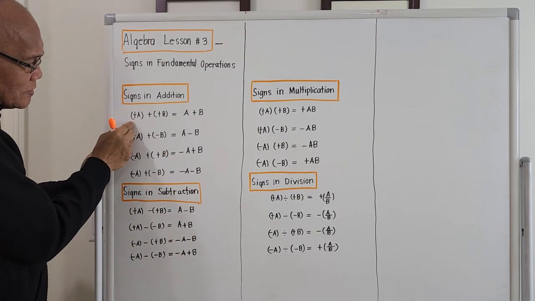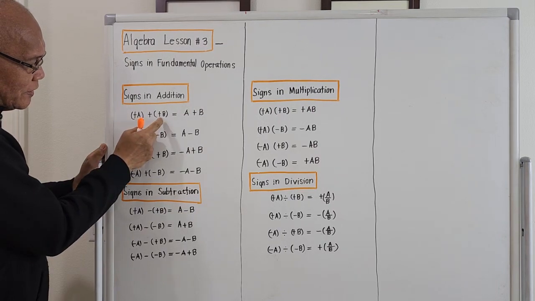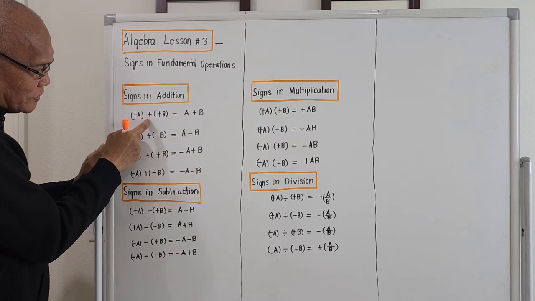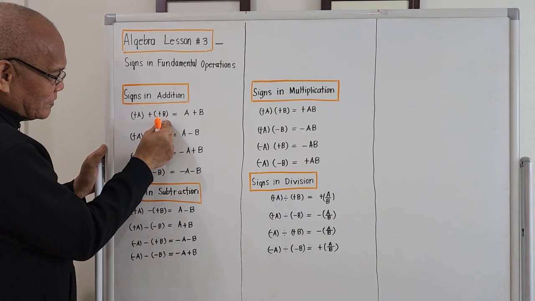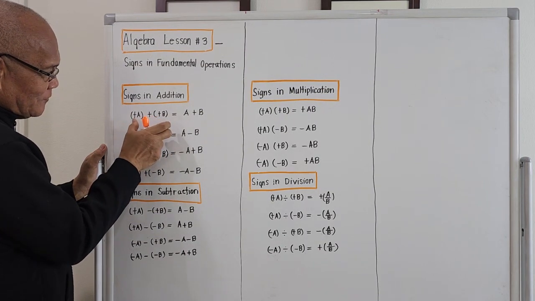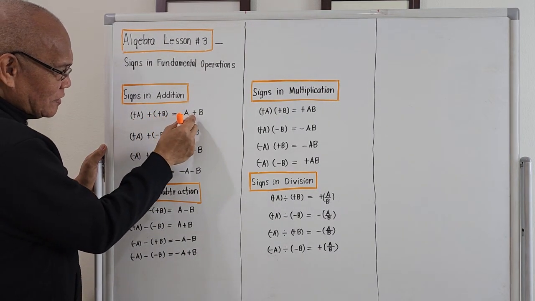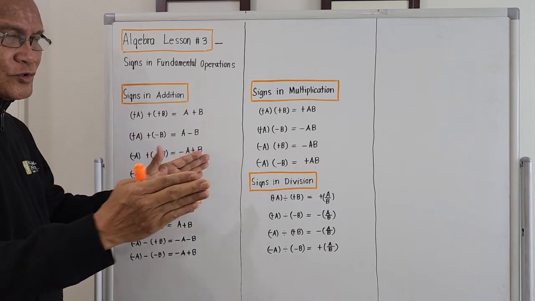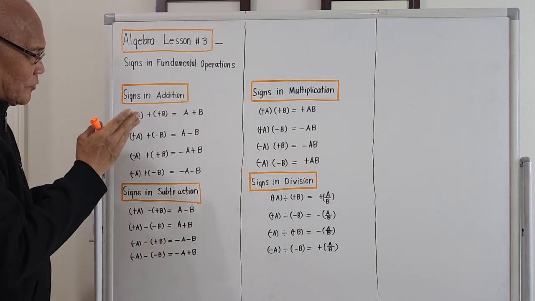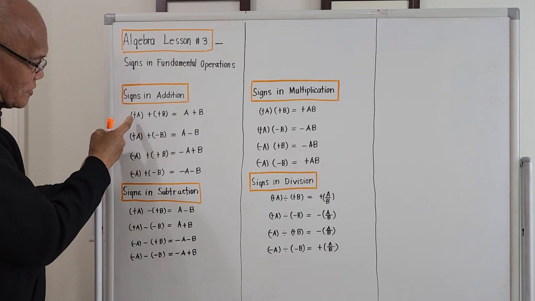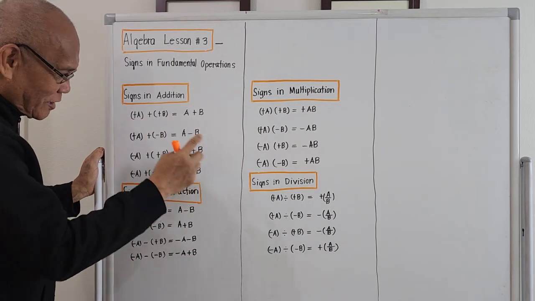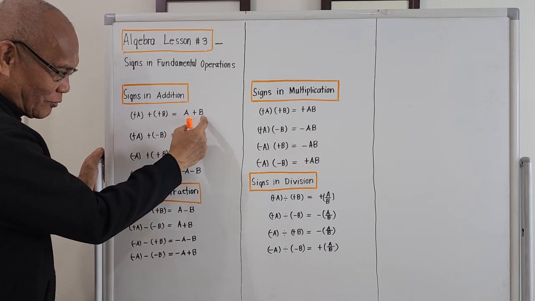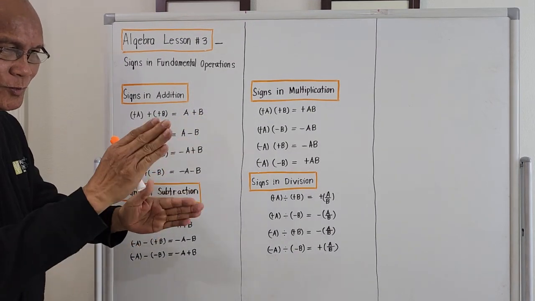If A is plus and B is plus, and the operation is addition, if we try to simplify this one, it will just be simply A plus B. There's no problem with that because the numbers we're adding are all plus. So the sum of it will just be simply the first number plus the second number.